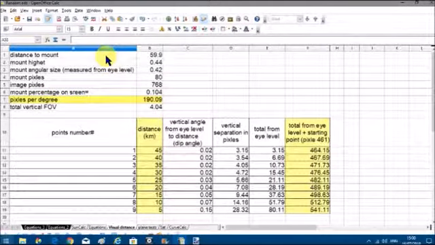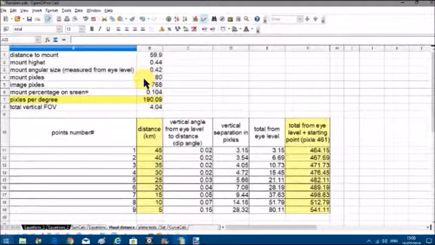But first, let's check the distance. The distance to the mountain is close to 60 kilometers. The mountain height, sorry about the spelling, is 440 meters. So the mountain angular size, according to these calculations, is 0.42 degrees, and I measured it on the picture in pixels.